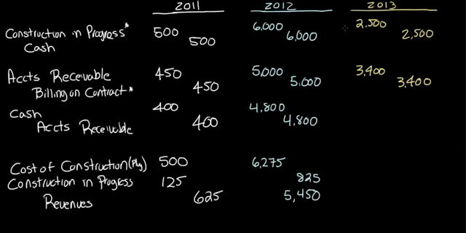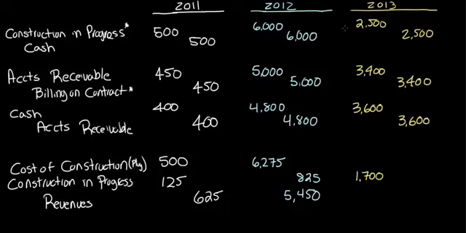All right, I received some payment on that accounts receivable, so $3,600 in cash, and I'm going to decrease the accounts receivable by $3,600. And then we have that last journal entry. I'm going to now recognize $1,700 of construction in progress.